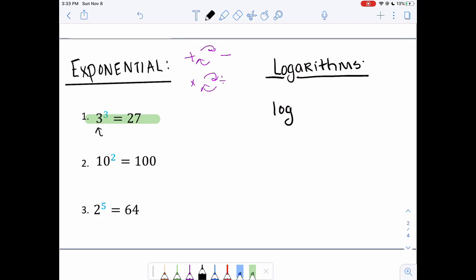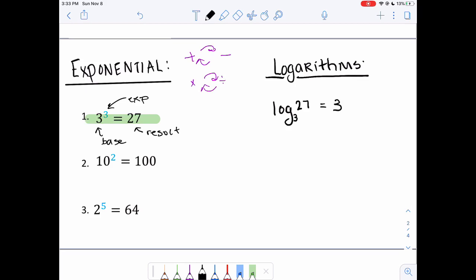So 3 is our base, 27 is our result, and this 3 is our exponent. So we're going to drop the base and write it in small script right there. Then we write our result, which was 27, equals our exponent.